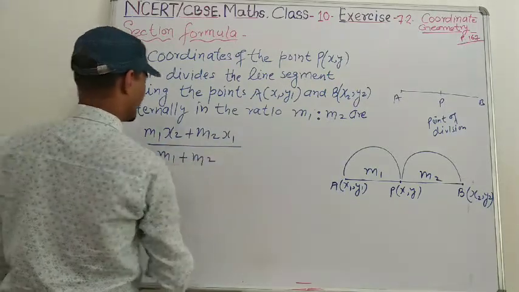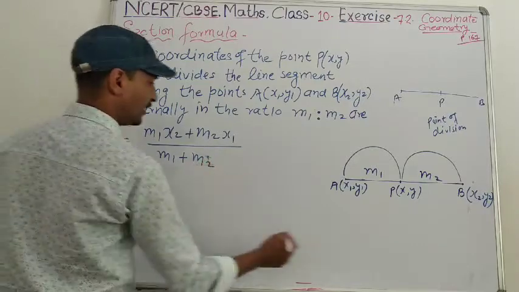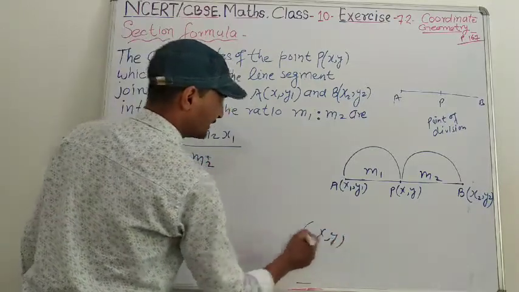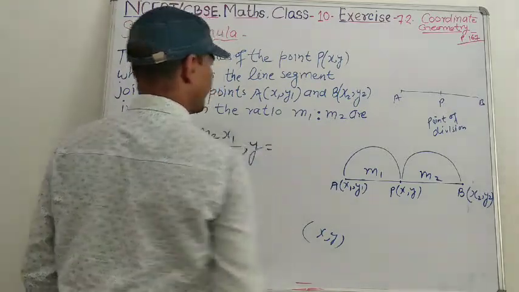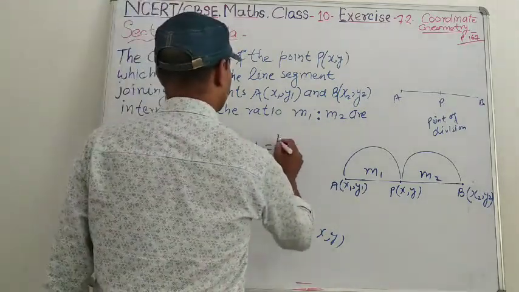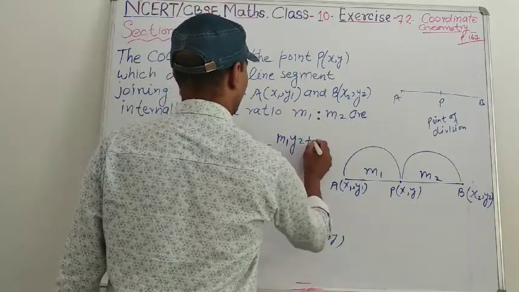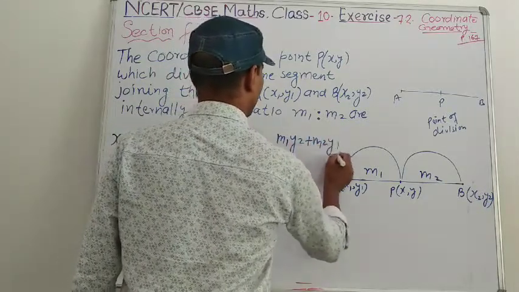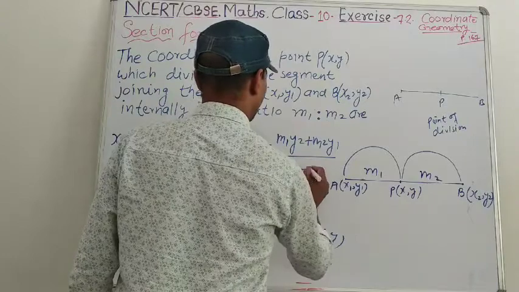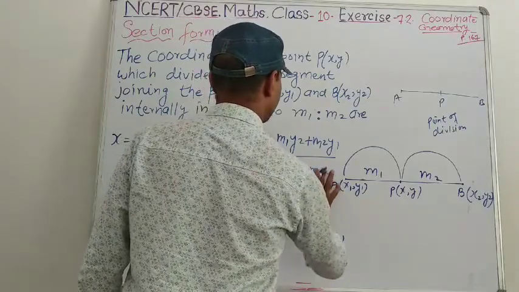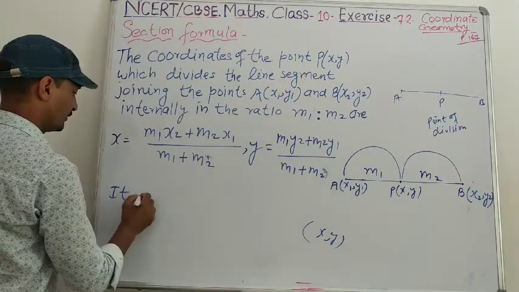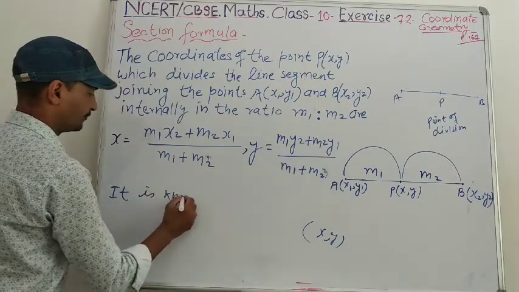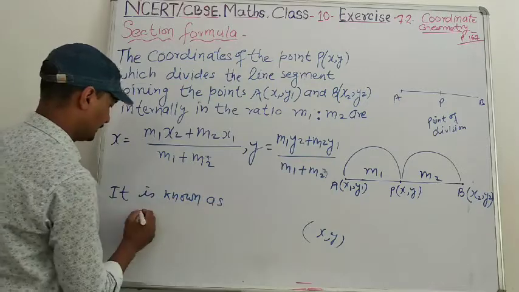It is the x coordinate because you know we always write x first, second is y. And now y equal to m1 y2 plus m2 y1 by m1 plus m2. So it is known as section formula.